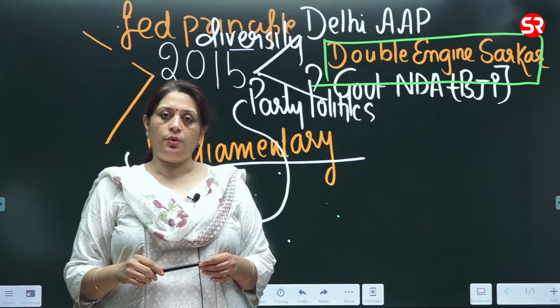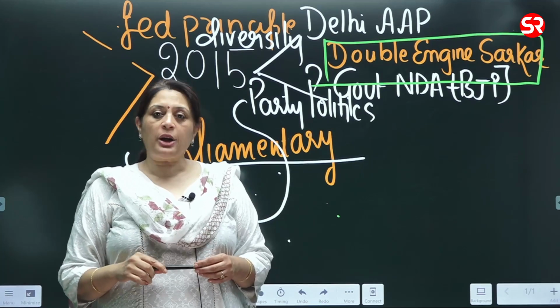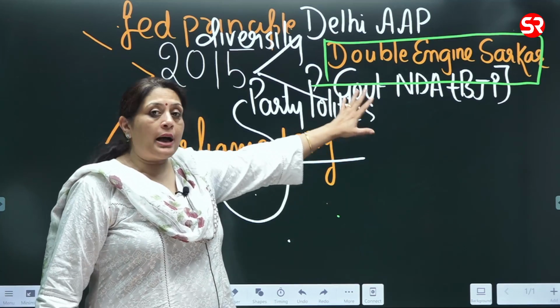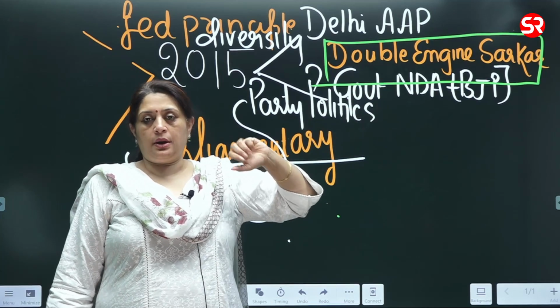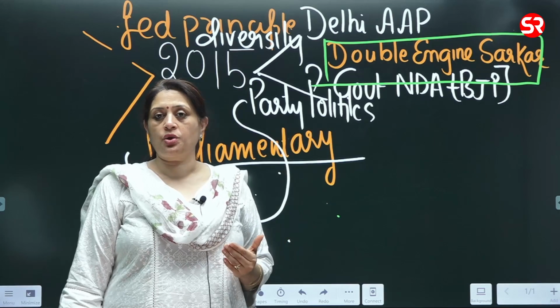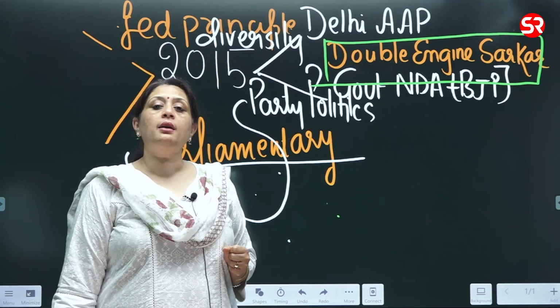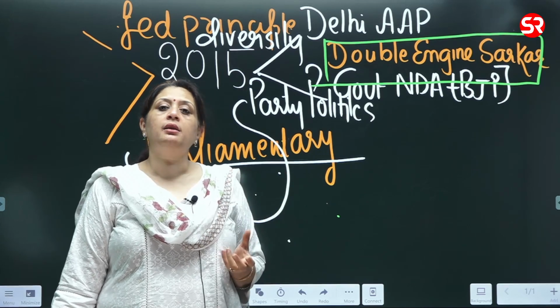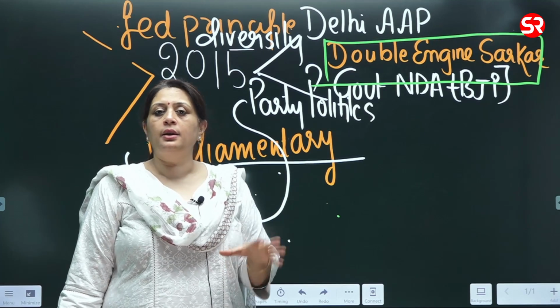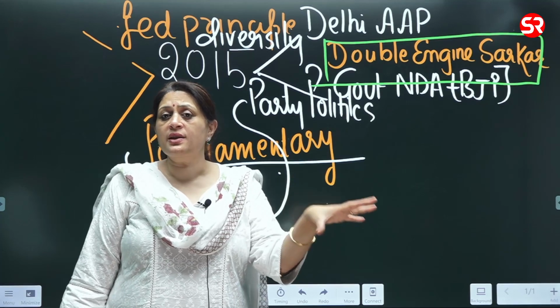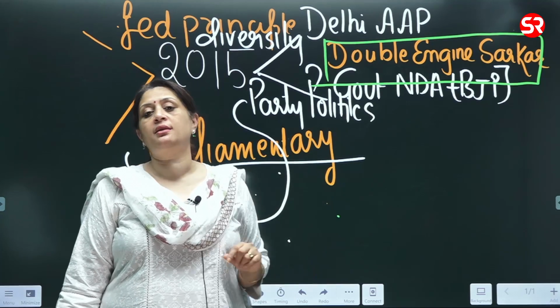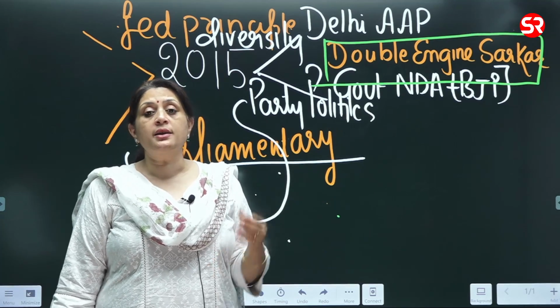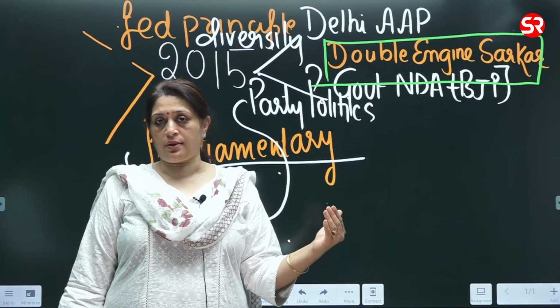So basically, in our federal system of center and state relations, even the Sarkaria Commission and other commissions have time and again said that there are no center and state relations in India, it is party to party relations.